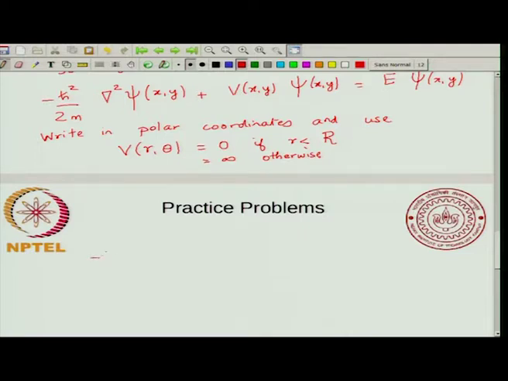Okay. So, what you will get is minus h cross square by 2 m. Okay. Now, you will get the Laplacian in polar coordinates, we have already seen that. Okay.